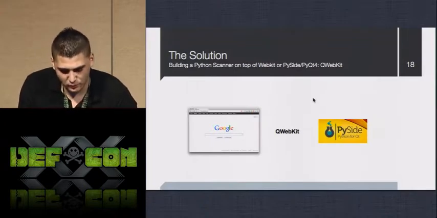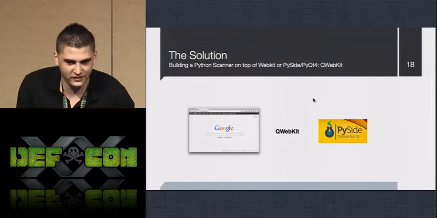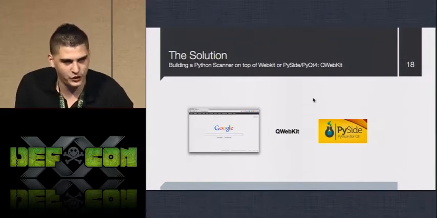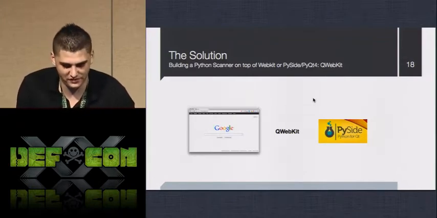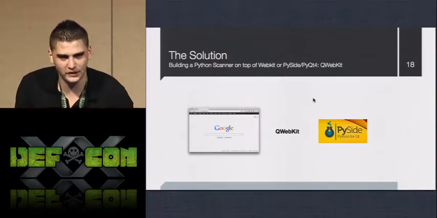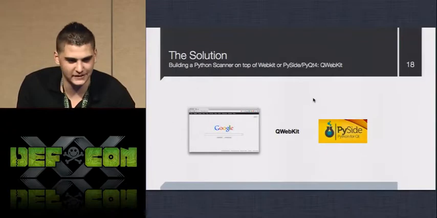I replaced that with a web browser. I took WebKit. I used the PySide project to get the web browser in there, and I don't build my HTTP requests and all that stuff myself. I simply use the web browser. I have full access to it. I modified WebKit a little bit. I patched it. I can fire JavaScript events and all that stuff.